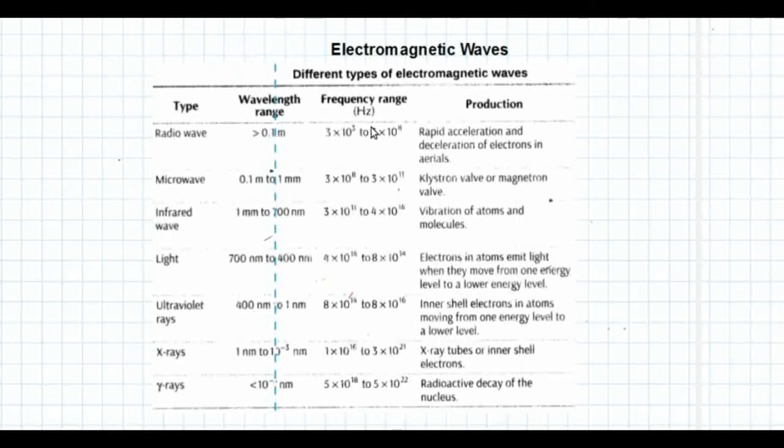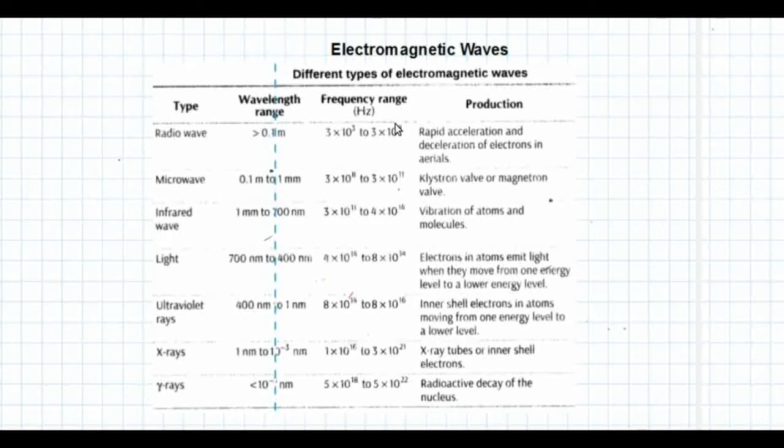If you look at this frequency range, you can see that the frequency increases from an order of 10 raised to 8 to 10 raised to 22 when we move from radio waves to gamma rays, right? So the wave that has the highest frequency is gamma. The wave that has the lowest frequency is radio wave.